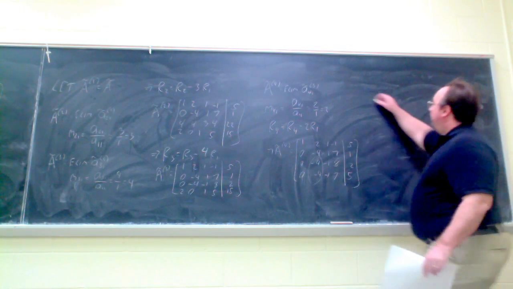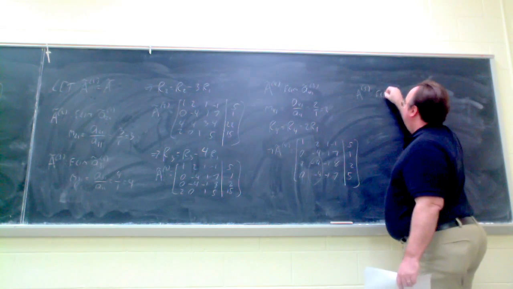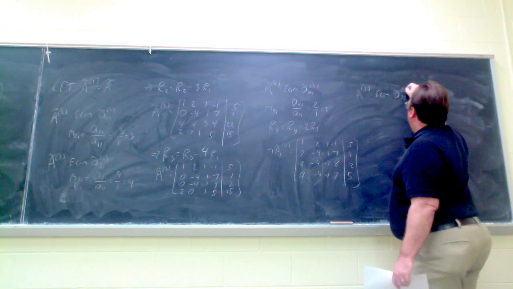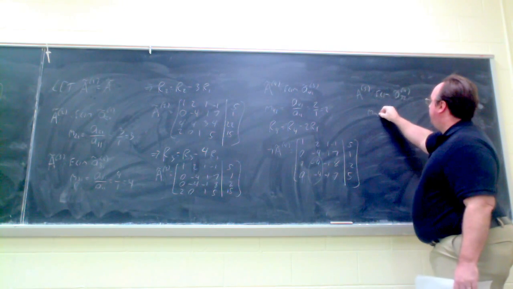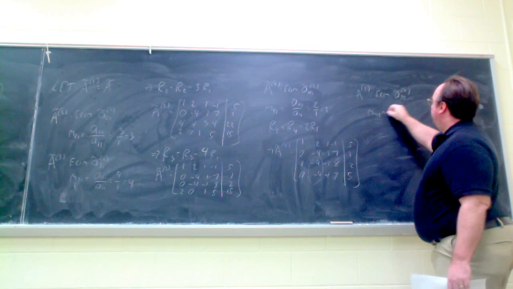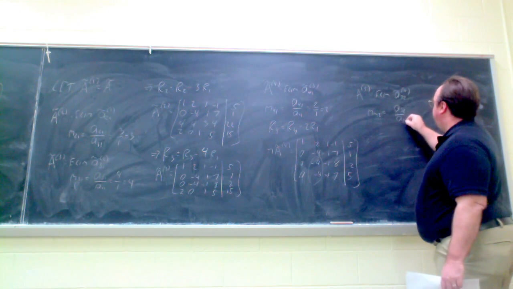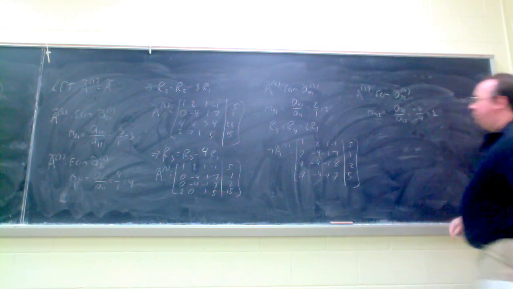So for A5, we eliminate the entry in row 3, column 2. So our multiplier M32 is the 3,2 entry divided by the 2,2 entry. So our multiplier is going to be 1.